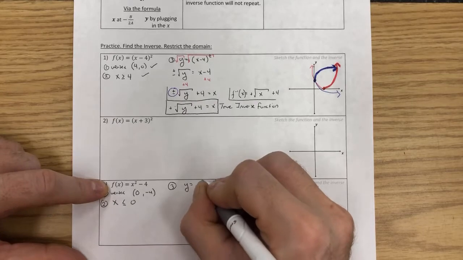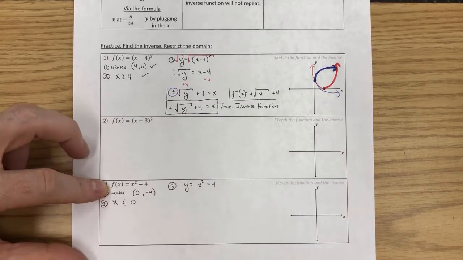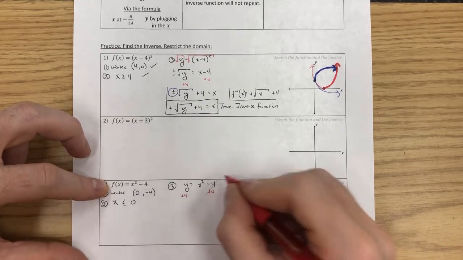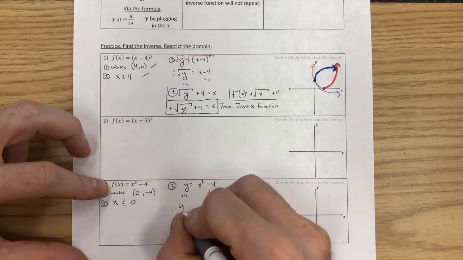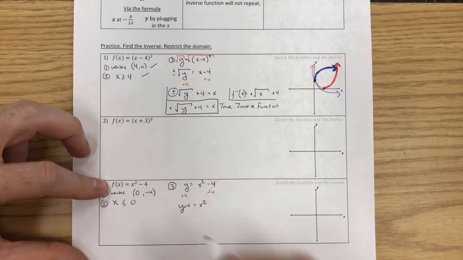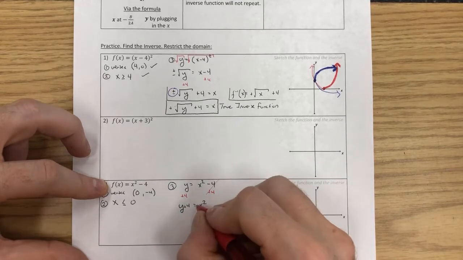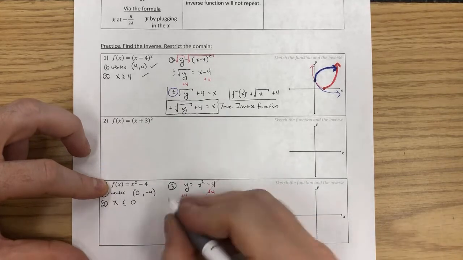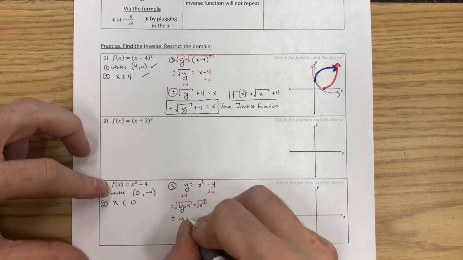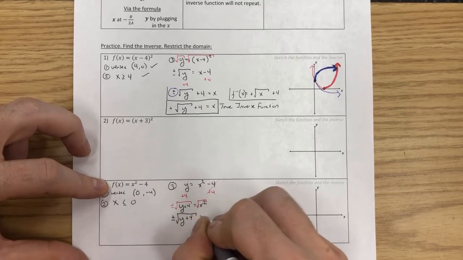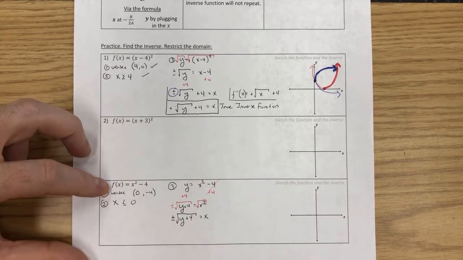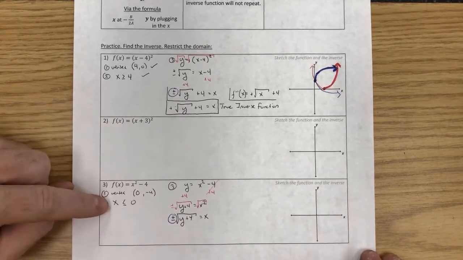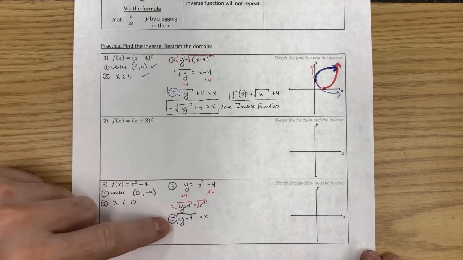So y equals x squared minus 4. So my first step is add 4. Those go away. So I have y plus 4 is x squared. To get rid of that, I take the square root with both the positive and the negative. Awesome. And so what we know is the fact that with this, if I'm taking the left side of the graph, I'm getting rid of the positive.